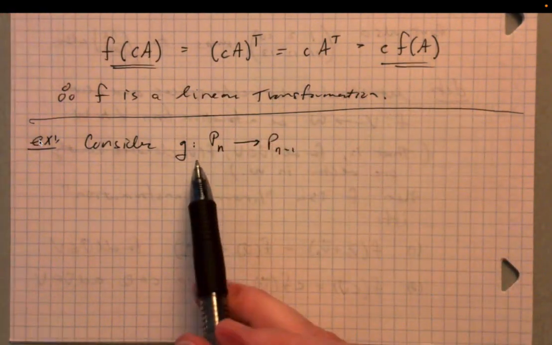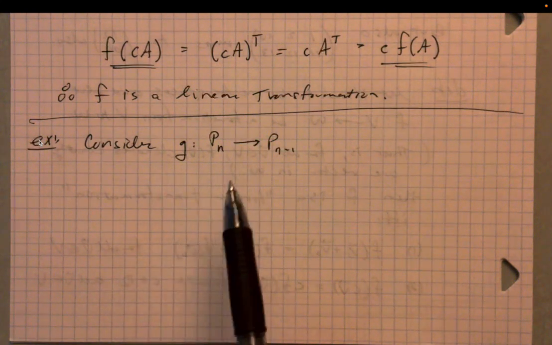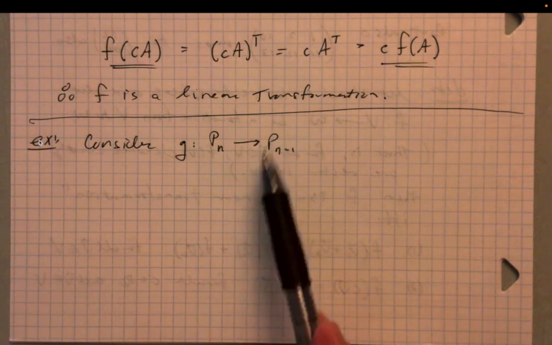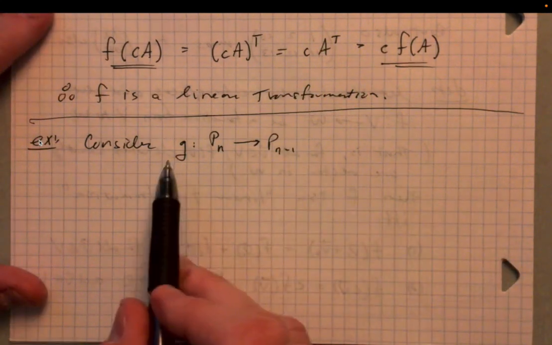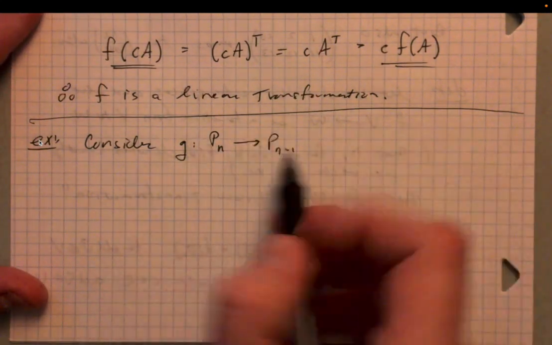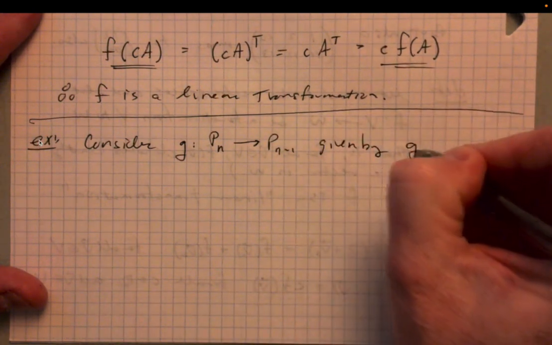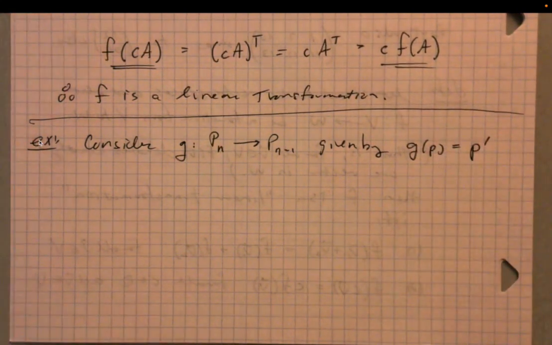Now remember, Pn is the vector space of polynomial functions of degree n or less, and therefore Pn minus 1 is the vector space of polynomials of degree n minus 1 or less. Okay, and so we'll say g is this mapping, and it's given by g of p is equal to p prime.